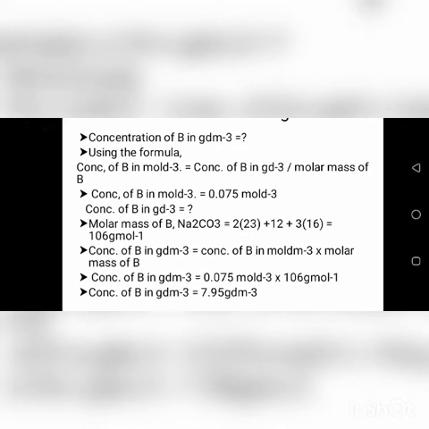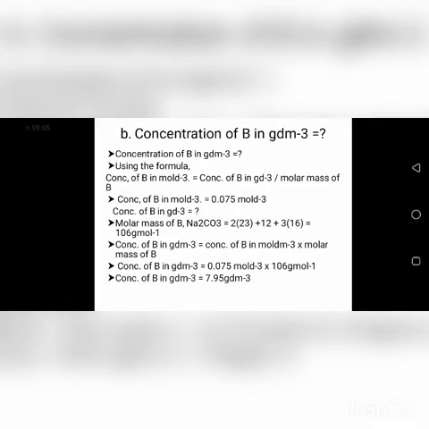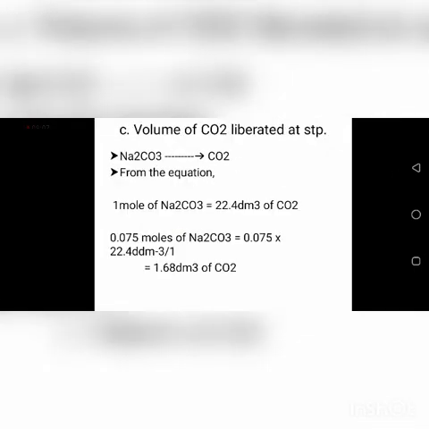Apply the formula that says concentration of B in gram per dm³ is equal to concentration of B in mole per dm³ times molar mass of B. So the concentration of B in mole per dm³ that you calculated above is 0.075 mole per dm³ times the molar mass of B, 106 gram per mole. When you multiply the two, you get the concentration of B in gram per dm³ to be 7.95 gram per dm³. That's a very simple calculation.